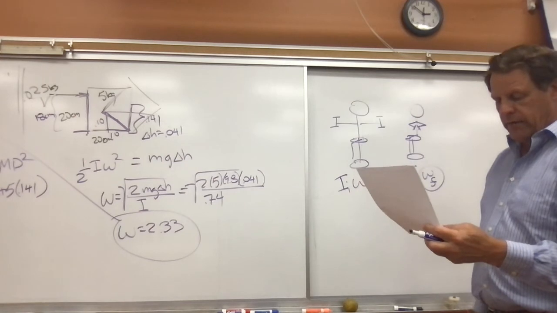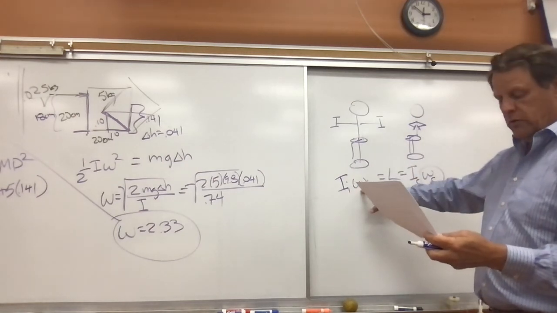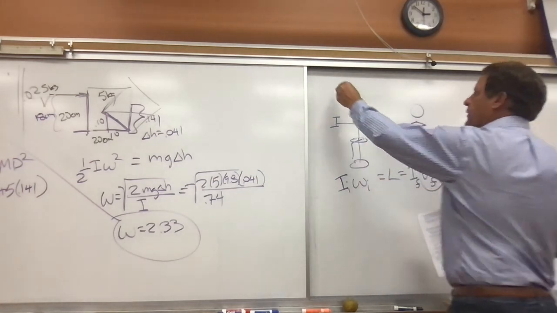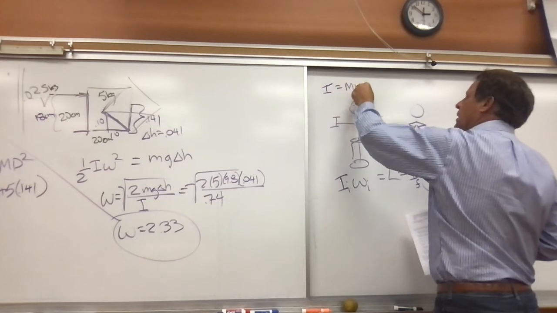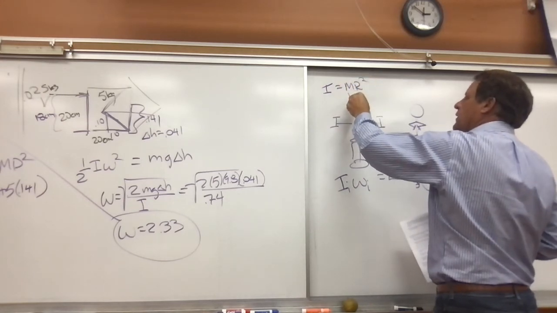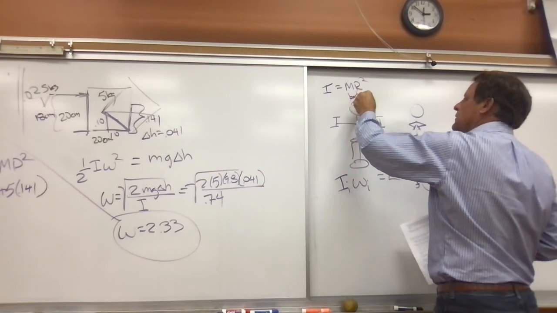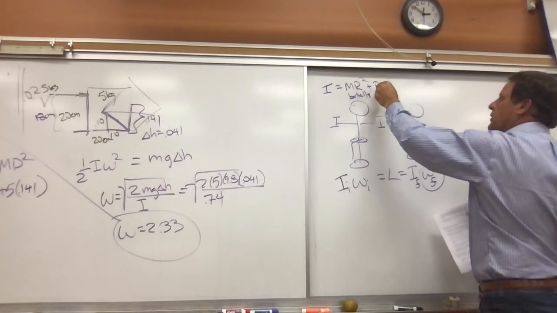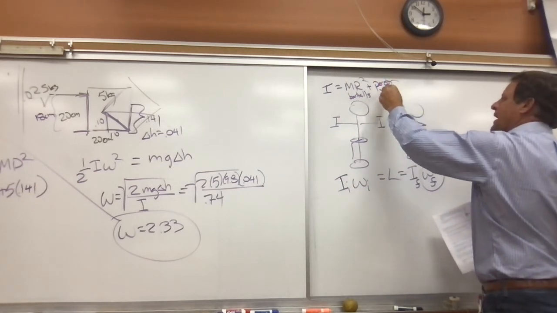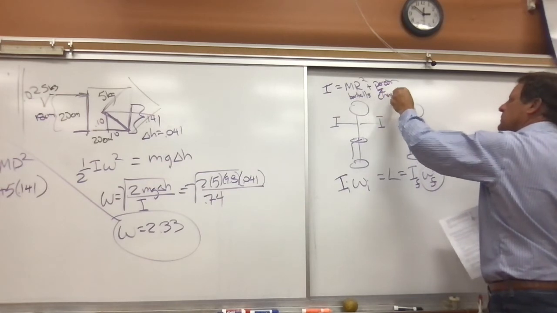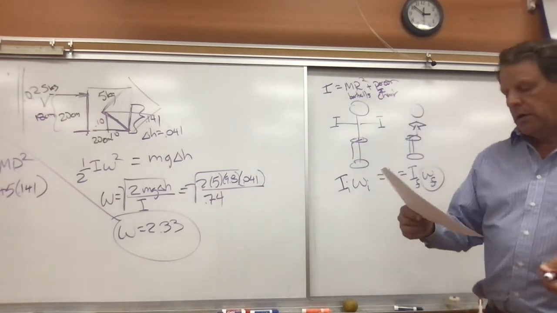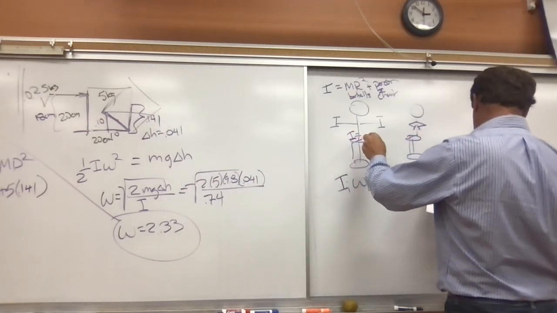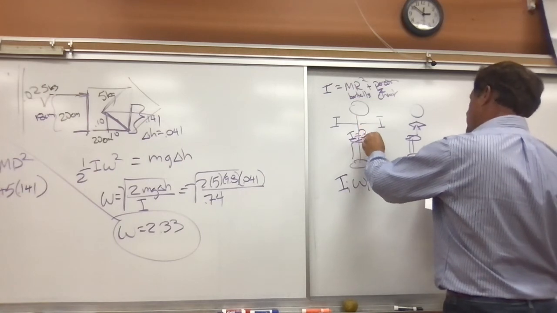If we have the initial is 0.625, and the I for this one is going to be mr squared. This is going to be for the barbells, plus the person and the chair. Okay, now I told you that the I of the person in the chair is going to equal 3.2.